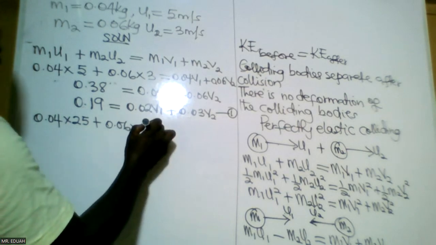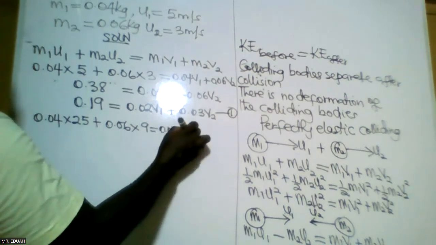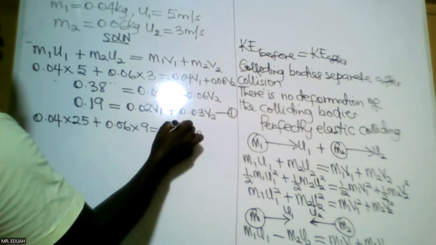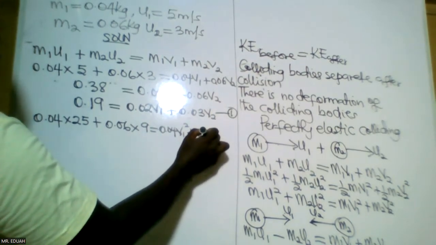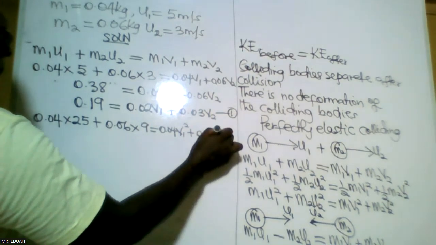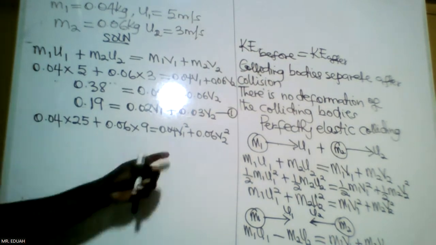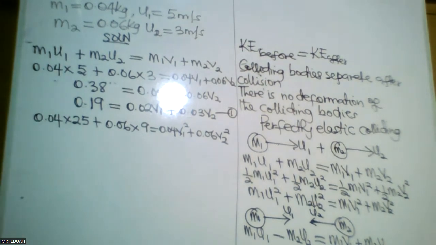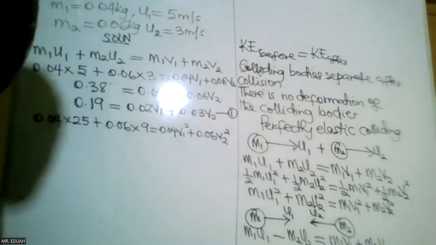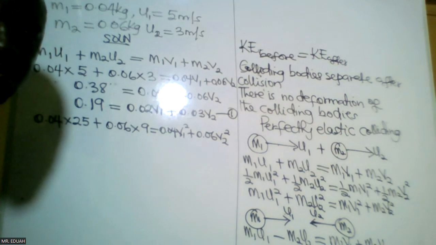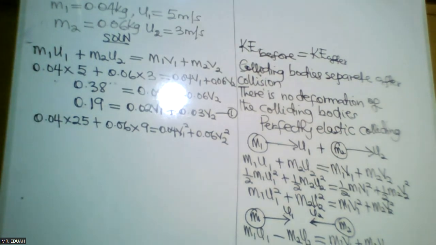This is equal to 0.04 V1 squared plus 0.06 V2 squared. Multiply everything and then give me the final value. On the left-hand side, we have 1.54.